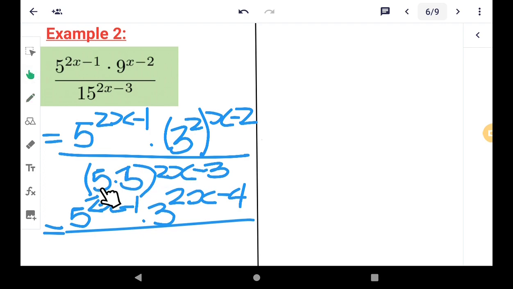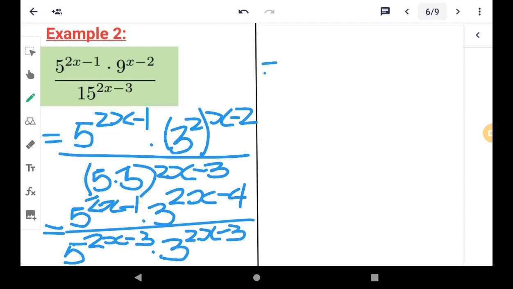That means you break up the factors and then raise them each to the power. So that is 5 to the power of 2x minus 3 times 3 to the power of 2x minus 3 as well.